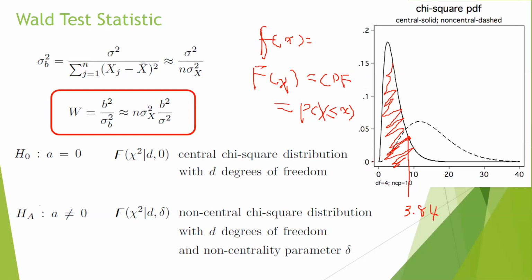Okay. So if you, in R, do not specify whether the lower tail or upper tail, R will calculate the lower tail by default. So this will give you 0.95, right? The area under the curve, this area is 0.95.